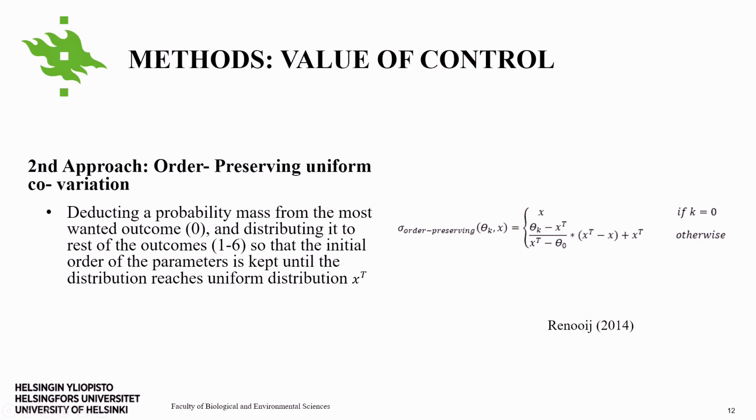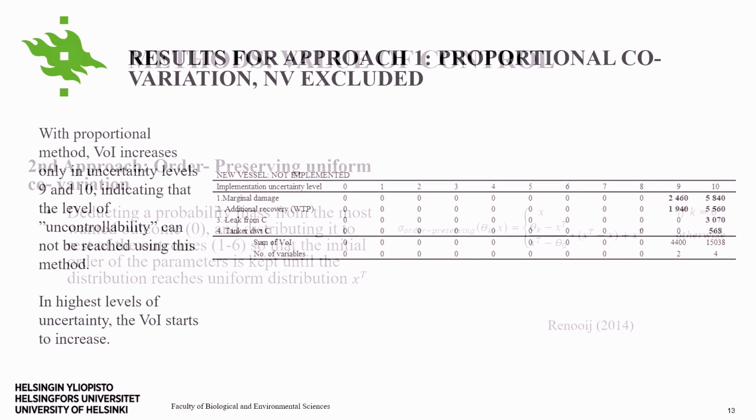And for both approaches, the proportional and the uniform, first with only the alarm system, without the other policy option, which is the vessel, in the analysis, and then having both of the decisions in the analysis as well.